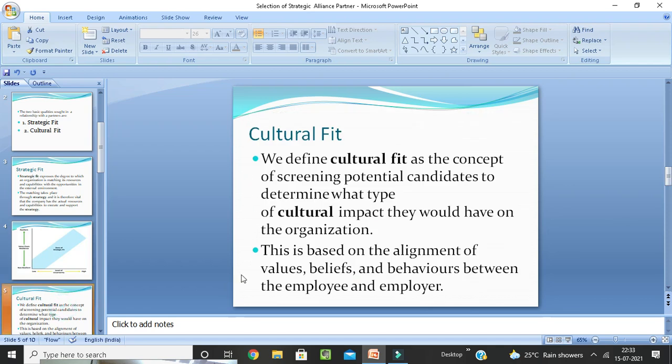Now, next one is cultural fit. Organizational learning is a key to successful alliances.